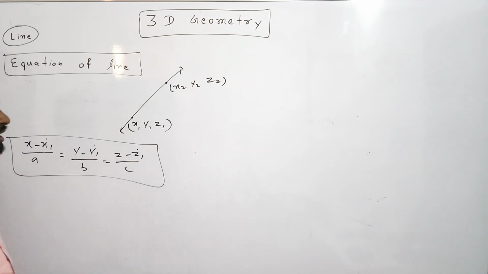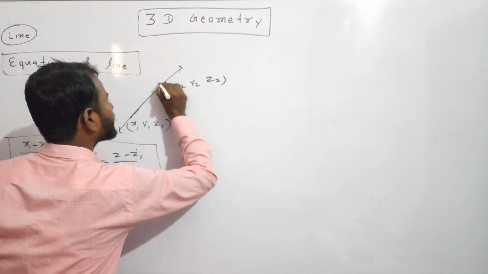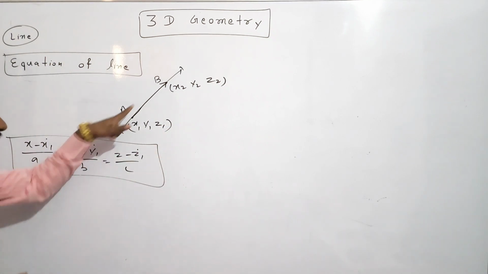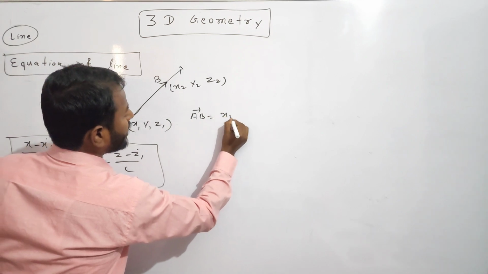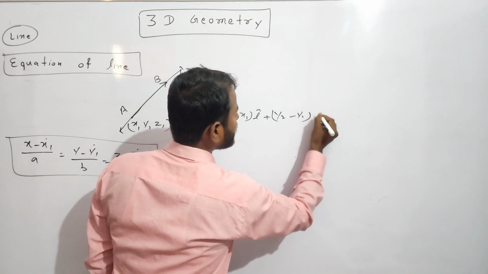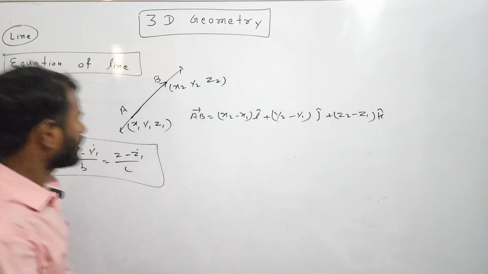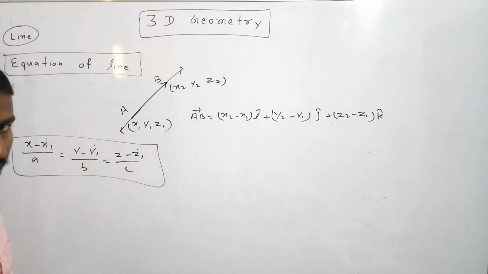But nothing to worry, we ourselves create a parallel vector by joining these two points. Let's say this point is A and this point is B. So if we create AB vector, we have x2 minus x1 i cap, y2 minus y1 j cap, z2 minus z1 k cap. So this AB vector represents the direction of the line.